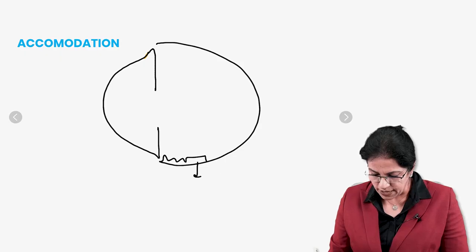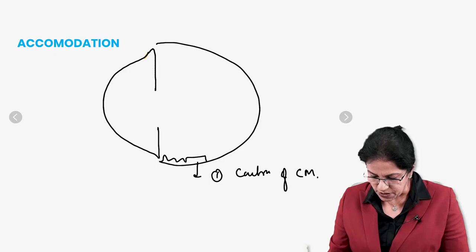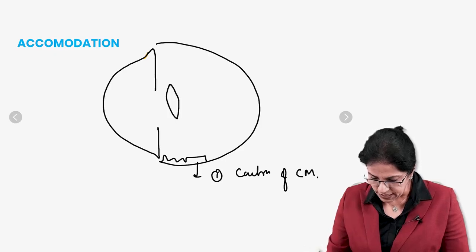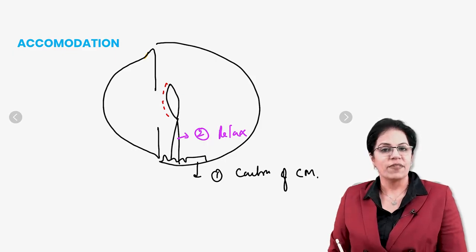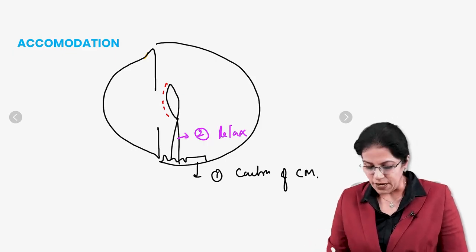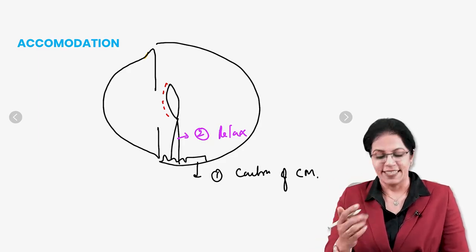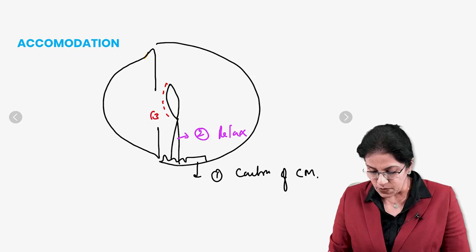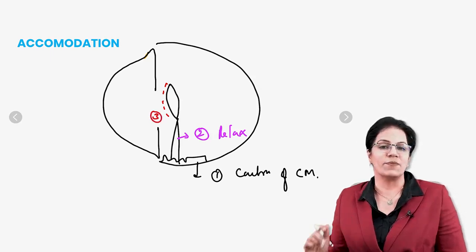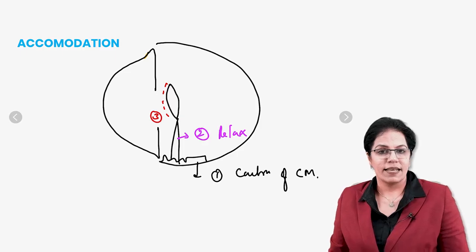First is contraction of ciliary muscles, and when the ciliary muscles are contracting, what is happening is relaxation of zonules, and when these zonules relax, there is mild increase in curvature of the lens, right? And more the curvature, more is the power, so there is increase in refractive power which you need to look at the near. These are the steps of accommodation. Clear? Okay.